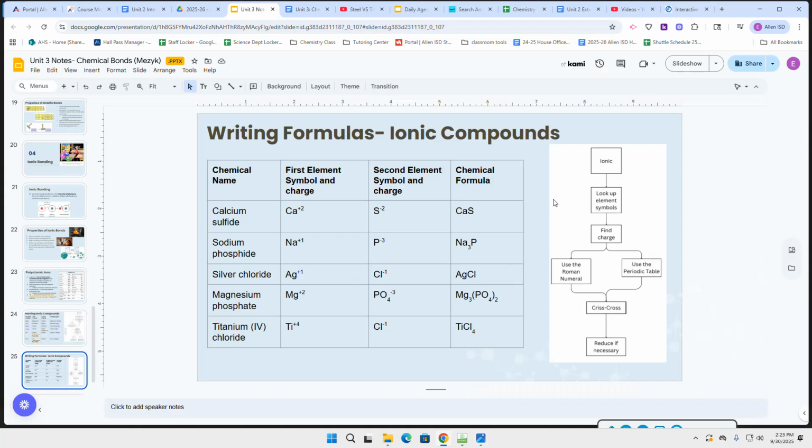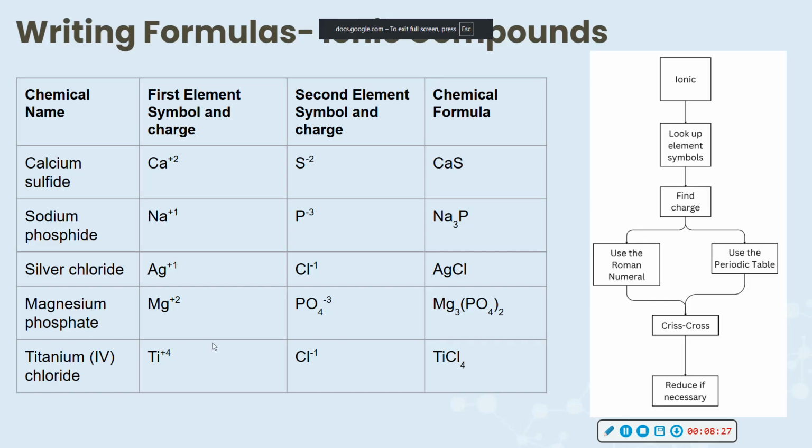So when I go to write my formula for titanium(IV) chloride, I'm going to crisscross those charges, and I get TiCl4. And again, to double check, chlorine has a -1 charge, so my right side is going to have an overall -4 charge, and then titanium is +4. That's why there's only one of them.